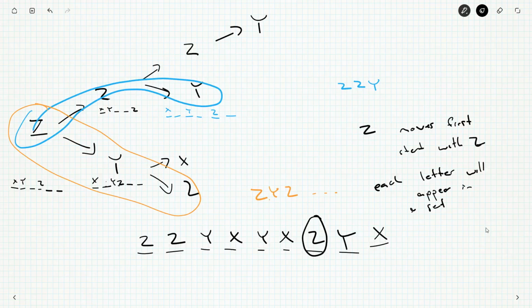So each letter will only appear in a set of instructions 3 times.